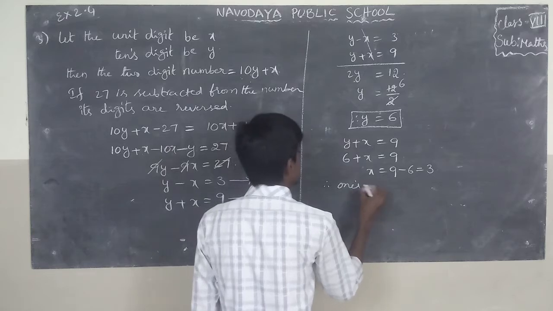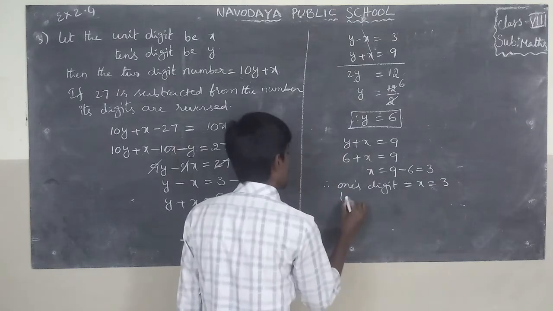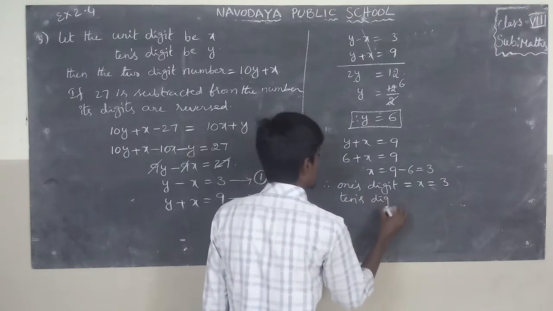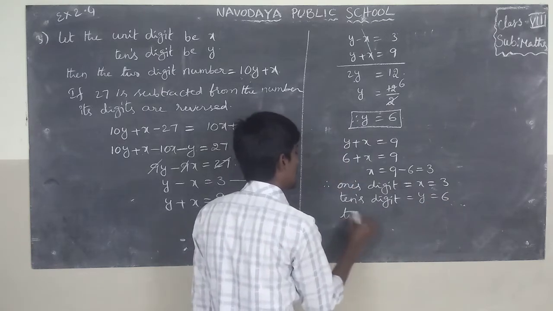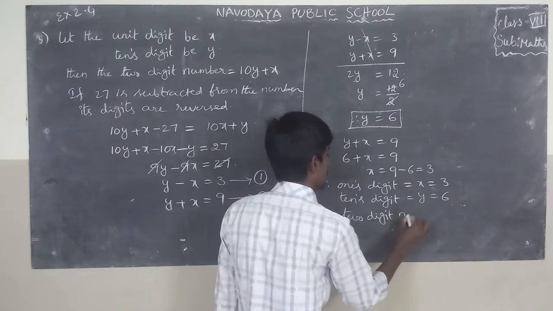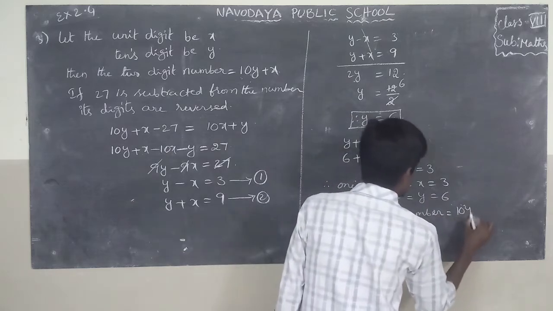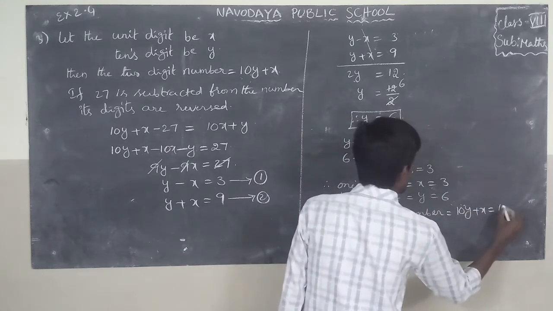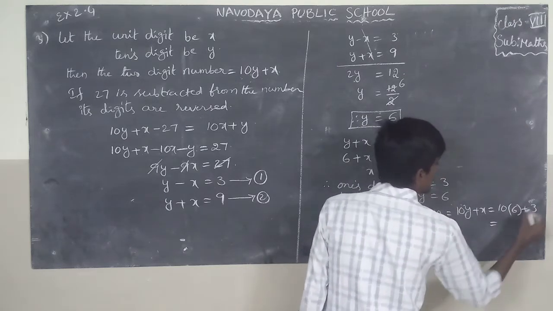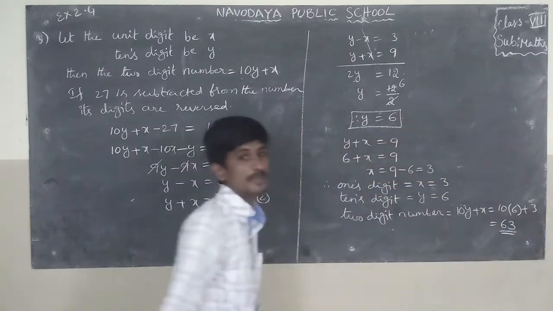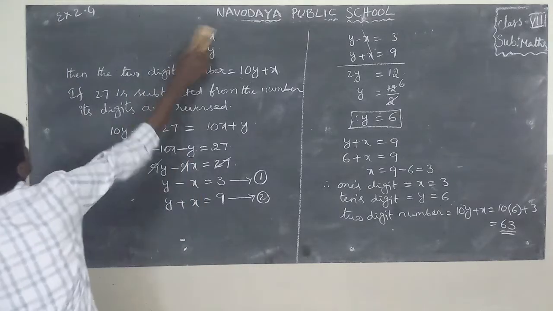Therefore, the ones digit is x equals 3, and the tens digit is y equals 6. The two-digit number 10y plus x is 10 into 6 plus 3, 60 plus 3, 63. The number equals 63. This is the third sum.